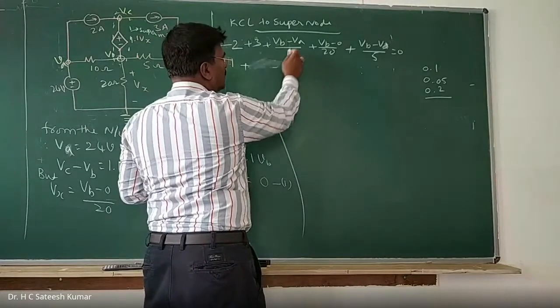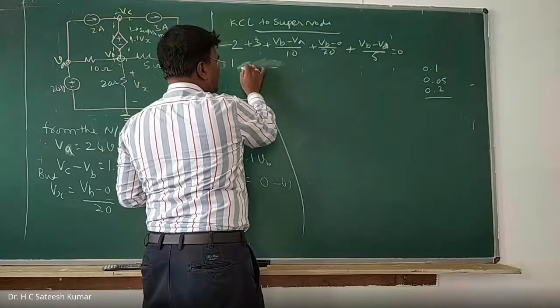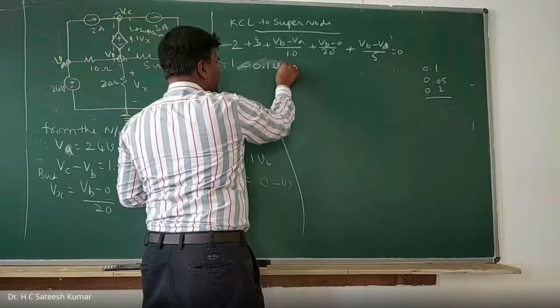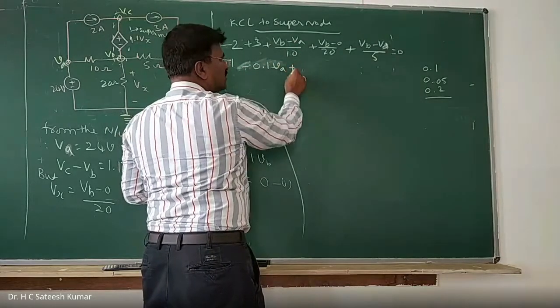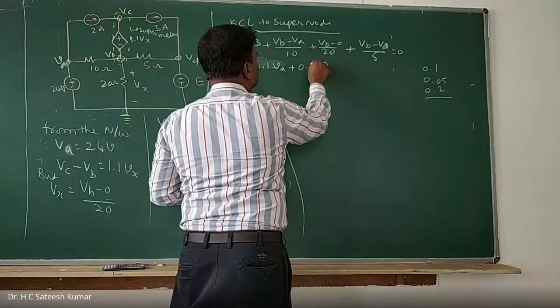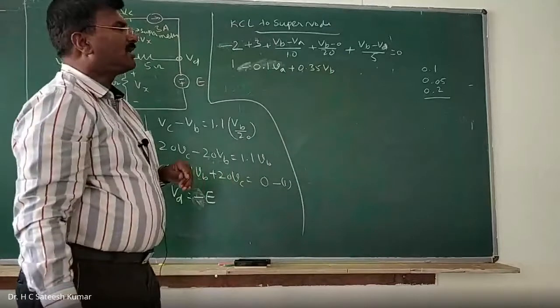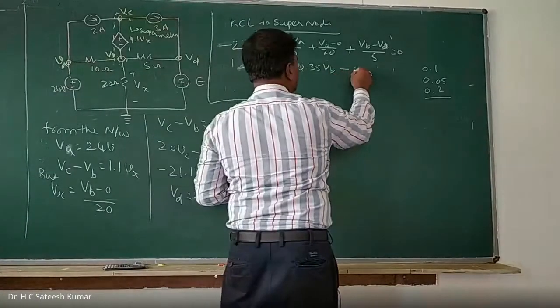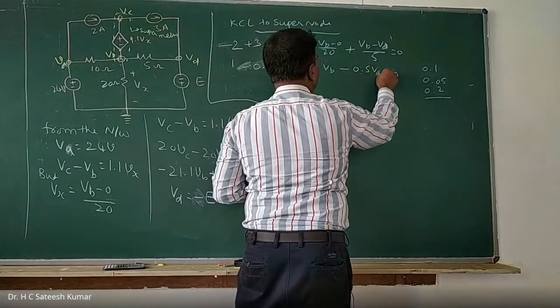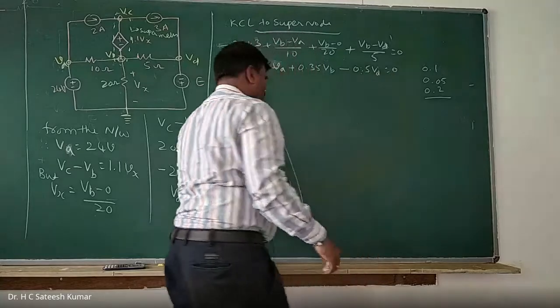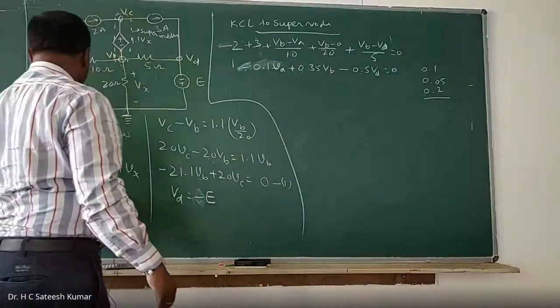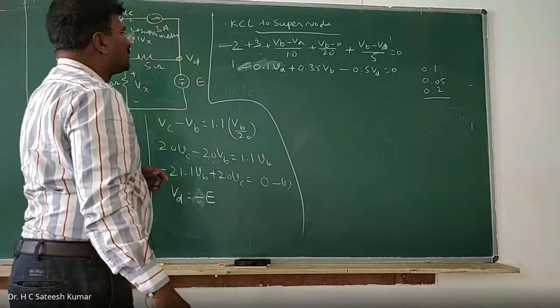Before that, VA. VA is how much? Minus 0.1 VA plus 0.35 VB, and what about VD? Minus 0.5 VD is equal to 0. Anyhow, you know VA, eliminate VA. VA is equal to 24.